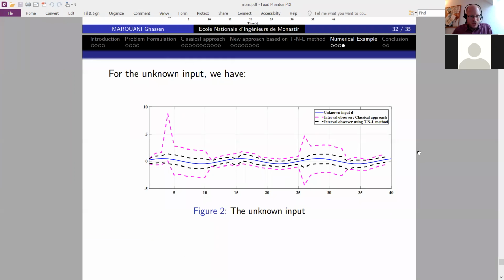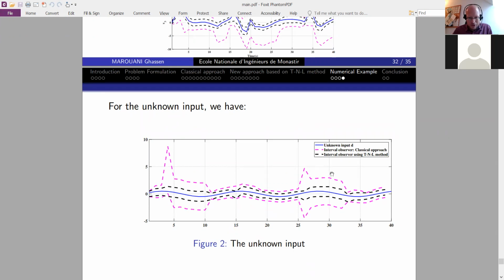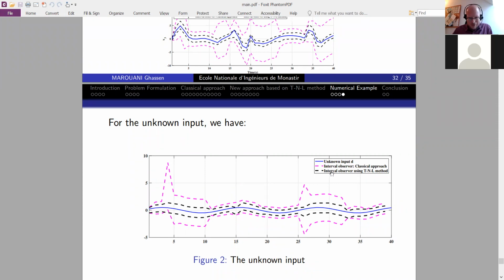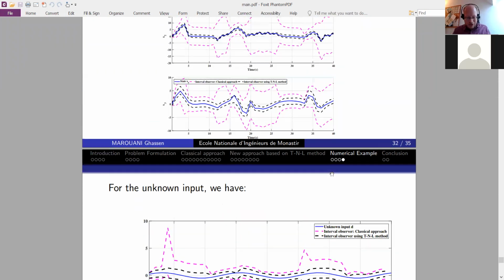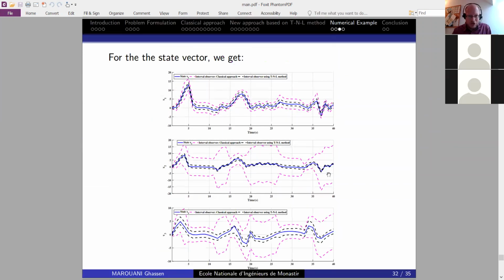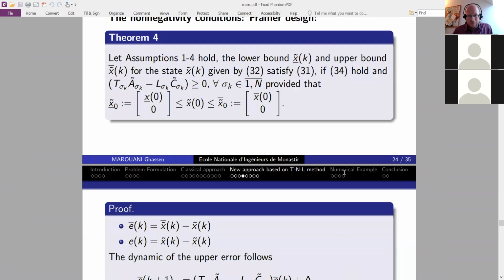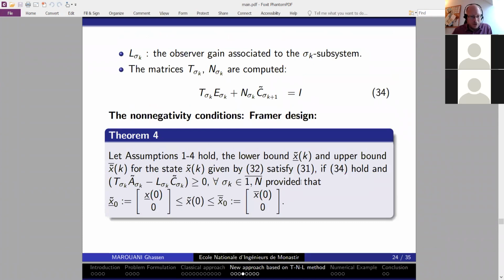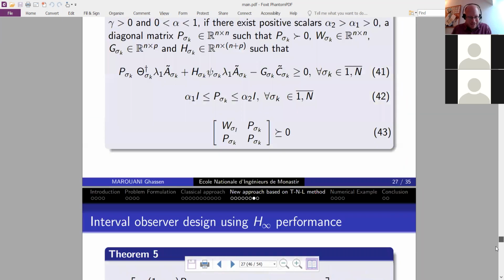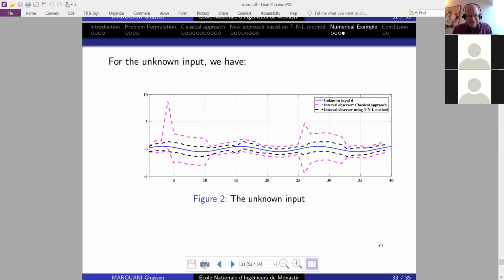On one of the previous slides, slide 24, you had written that the initial condition for the unknown input is equal to 0, and the augmented state is initialized with 0. But here on this slide, it looks like there is some interval at the initial point of time, k equal to 0. Can you explain this a little bit?